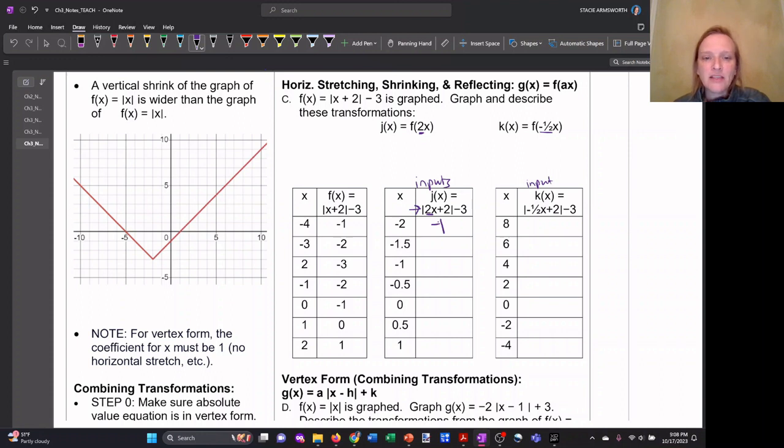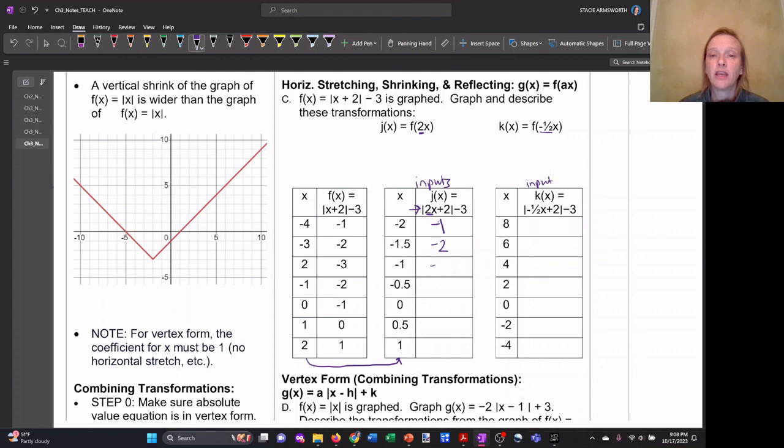I did, in this example, carefully choose those x values so that when I multiply them by 2, I go back to the original x values that I graphed to plot this function. So when I plug in -1.5, I get -2 as my output.